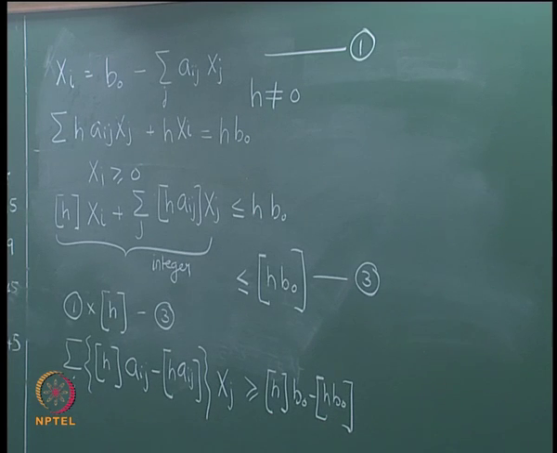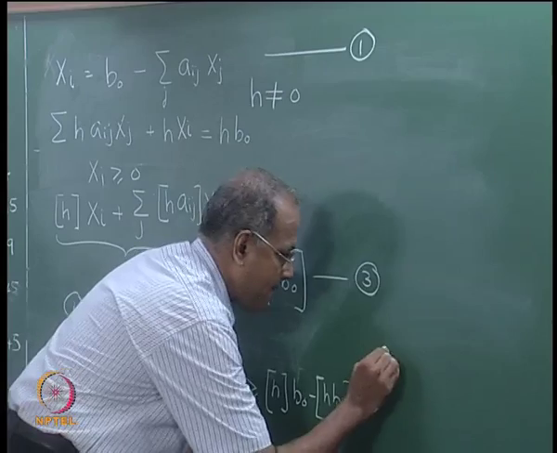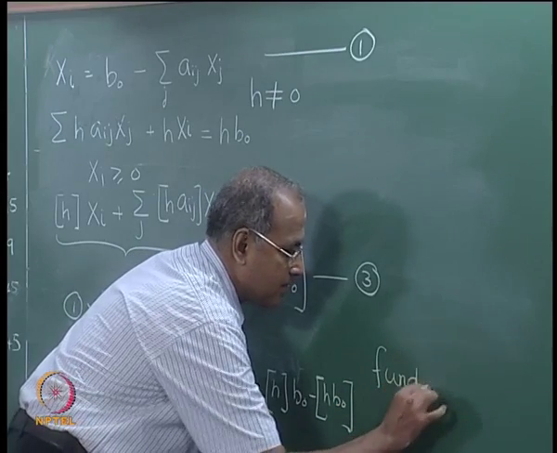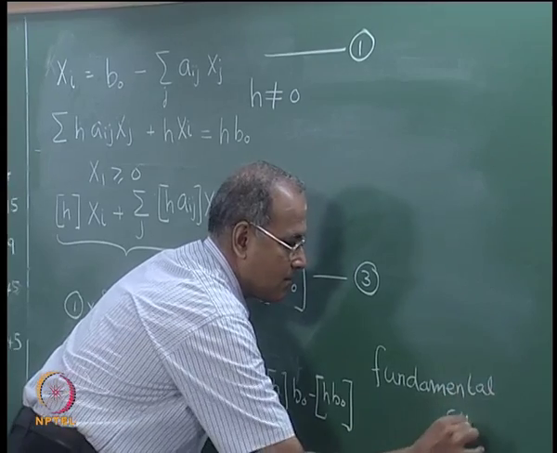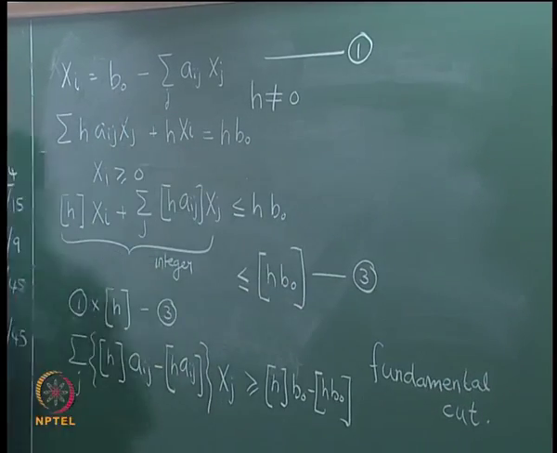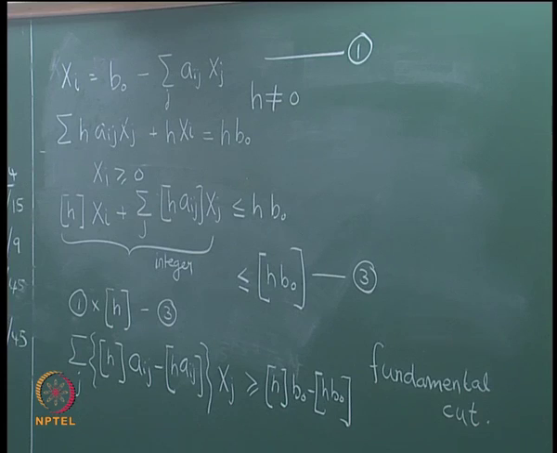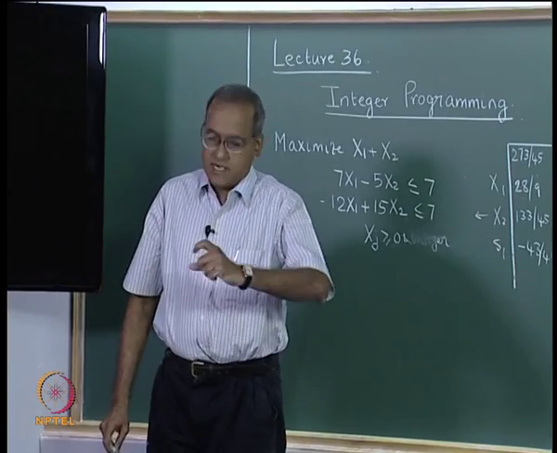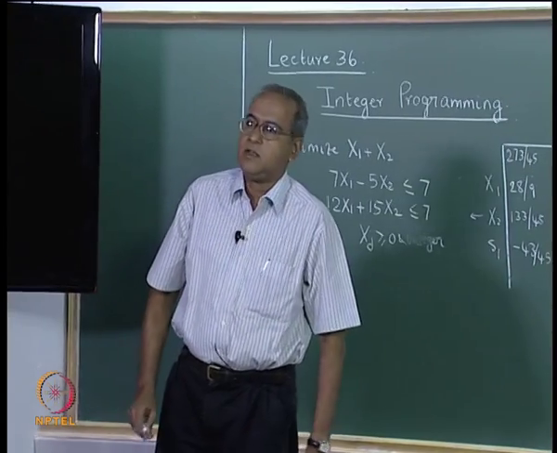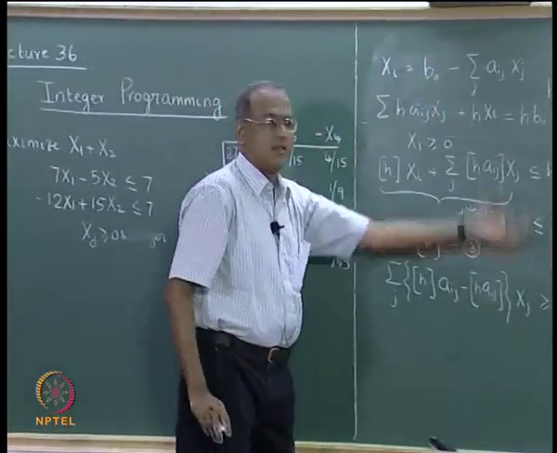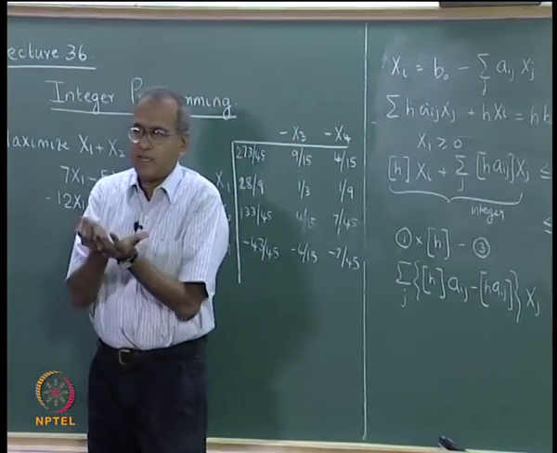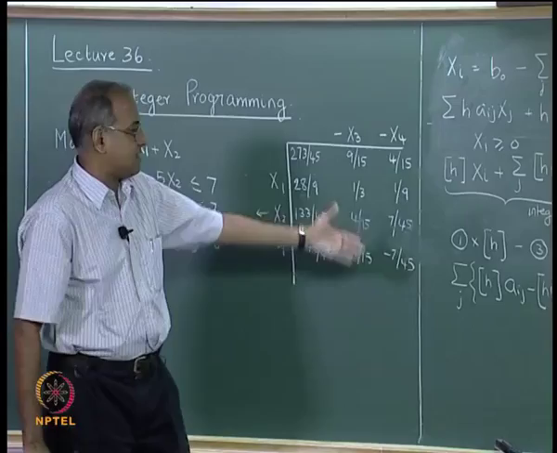Now this is called a fundamental cut. So depending on the values that you give to h, the cuts will change, and most importantly what we have taken care of in this is that every integer feasible solution will satisfy this cut.